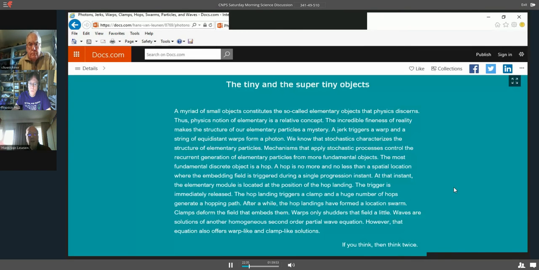So a swarm of hop landing locations, and the hop landing locations form a coherent swarm that has a location density distribution, and the location density distribution is very closely related to the wave function.